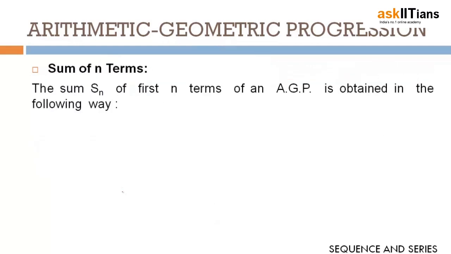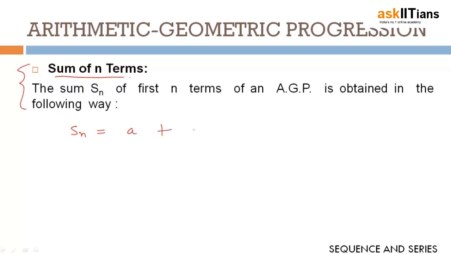Let us have a look at the important thing from which questions often come in JEE Advanced as well as Mains: how to find the sum of n terms. Like we did for GP and AP, we will first write the general expression.